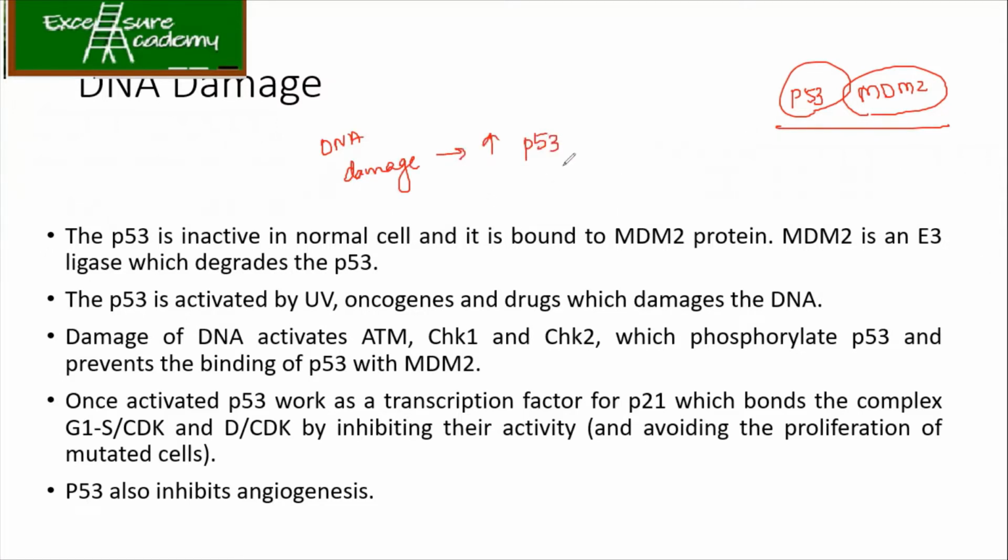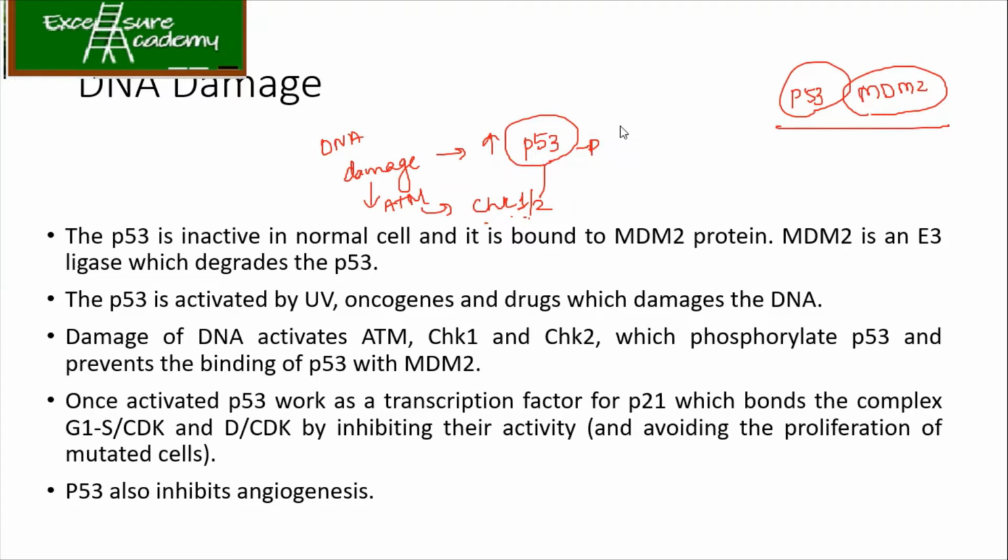How will P53 get activated? DNA damage is detected by ATM. ATM is going to activate your CHK1 and 2. These are nothing but checkpoint kinases. Kinases means it is going to phosphorylate your P53.